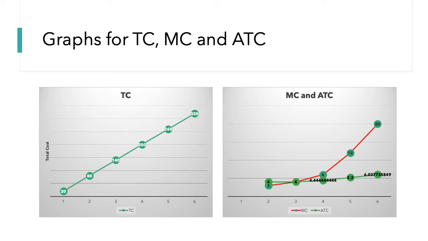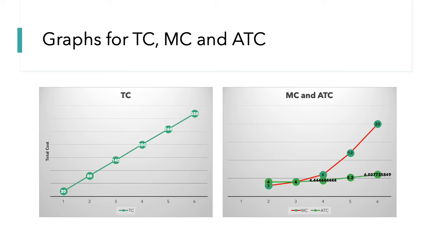So from the previous example, here's the graphs for the total cost, the marginal cost, and average total cost. Notice that the total cost is increasing as you increase the total number of units of output. And if we compare the marginal cost and average total cost, notice that the average total cost is the green one and is relatively flat, and it does intersect with the marginal cost.